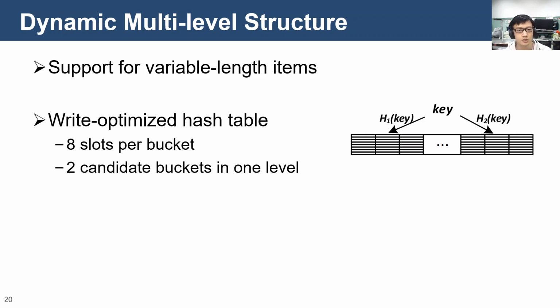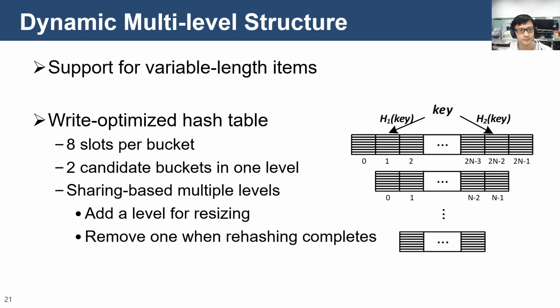Second, use two independent hash functions to obtain two candidate buckets for a key in one level. Each level is an array of 8-slot buckets. Third, manage levels dynamically. Specifically, levels are added for expansion and removed when rehashing in these levels completes.